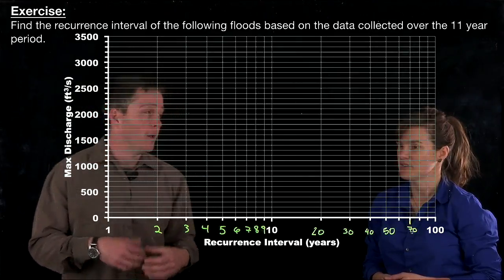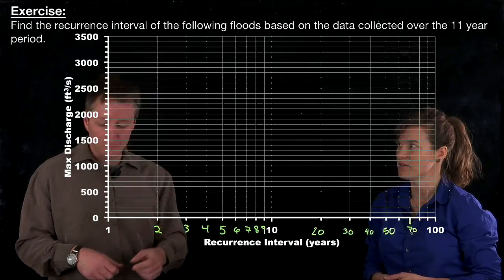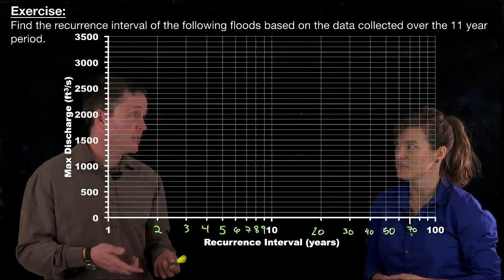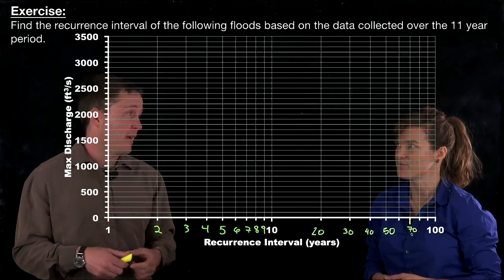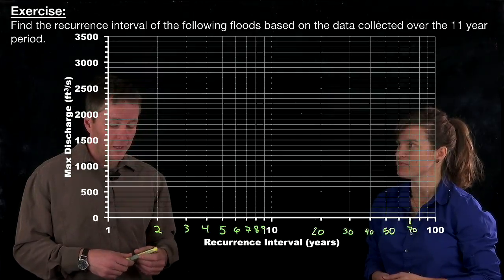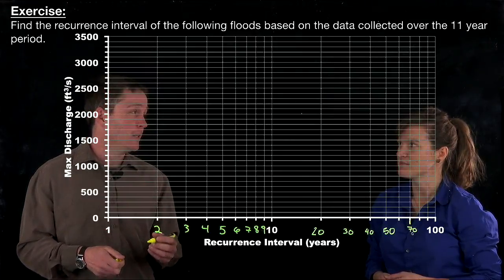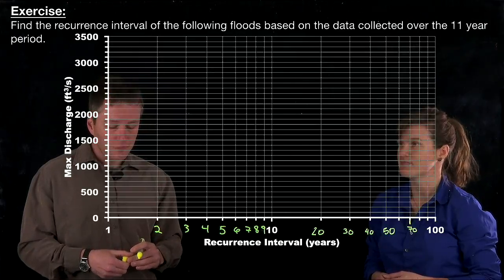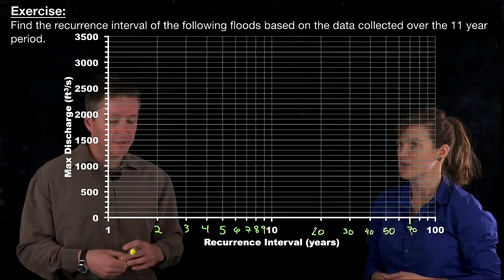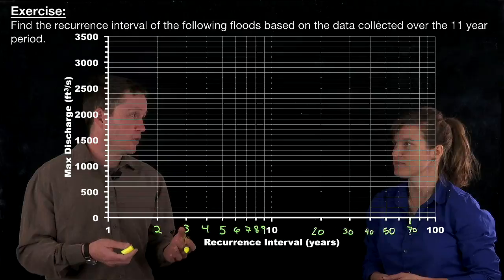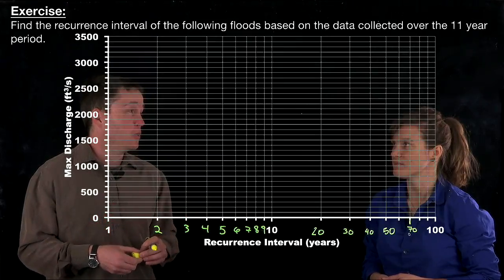And so if we wanted to have an example here, we could take the largest measurement of max discharge, and that was 2030 cubic feet per second. Right. And it would be expected to have a recurrence interval of 12 years.